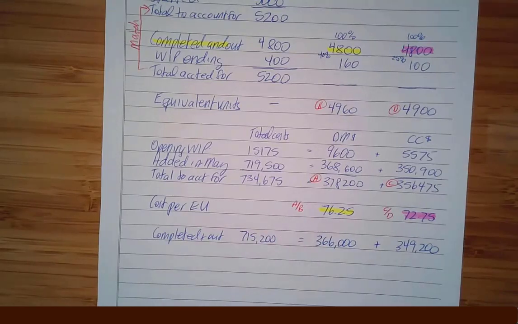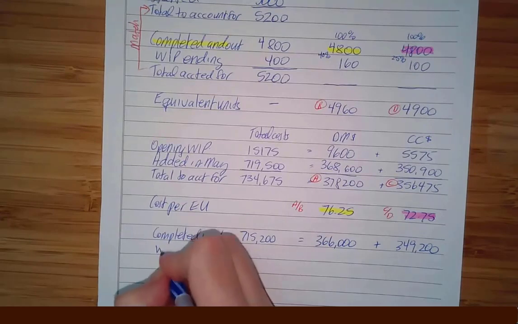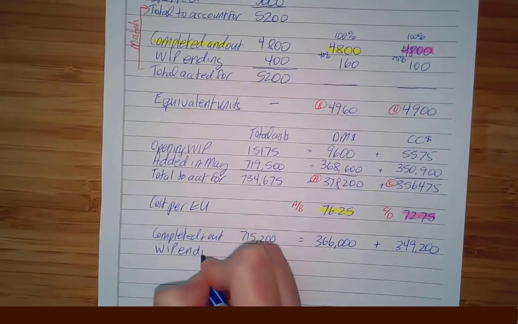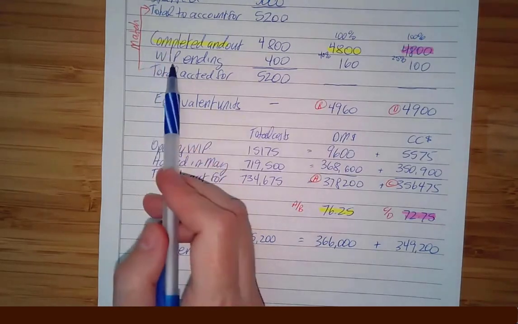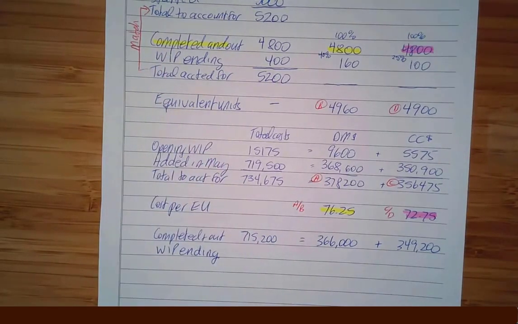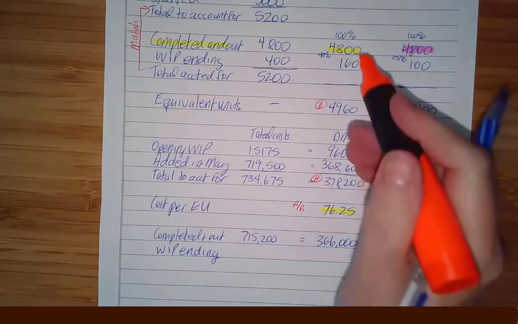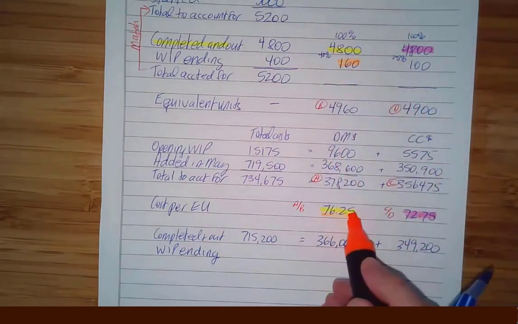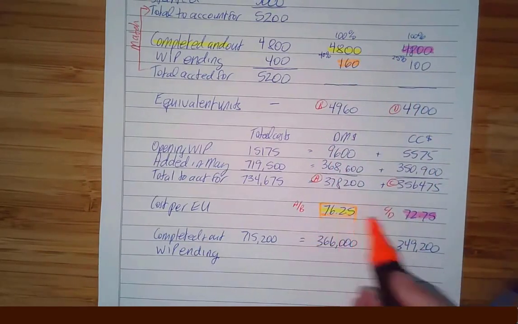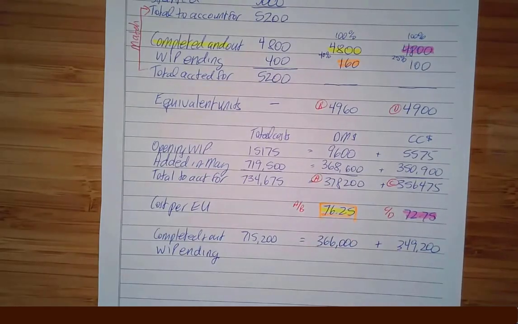I still need to determine what is the value of the work in progress ending. And notice again how I'm duplicating this right here. So this time, what am I going to do? I'm going to take the work in progress ending and multiply it by the cost per equivalent unit.